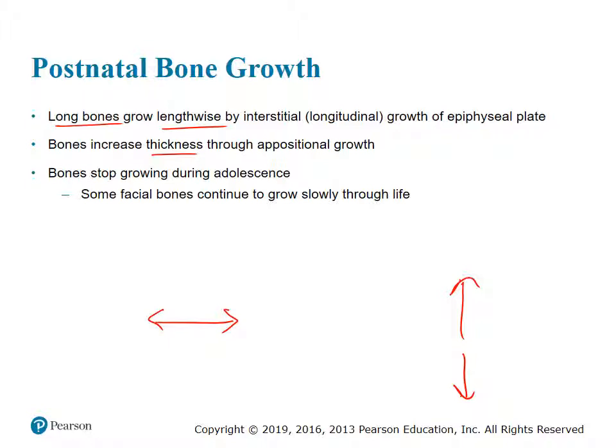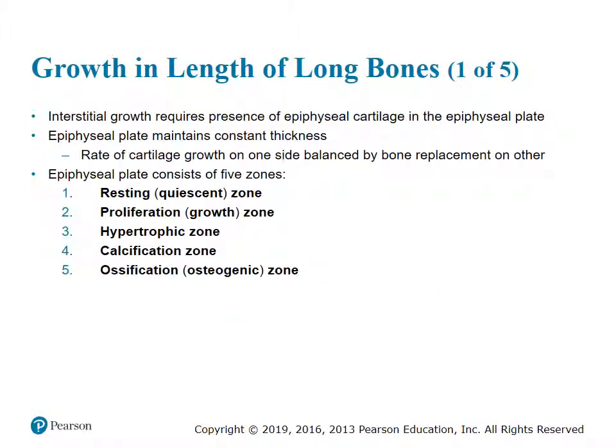And once we hit adolescence, bones per se stop growing, but facial bones, in fact, continue to grow. It's an interesting phenomenon that occurs, but we see facial bones still growing after adolescence. Very slowly, but still nonetheless.